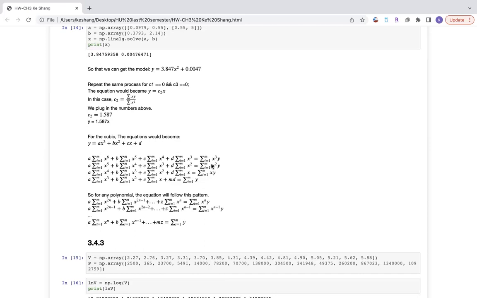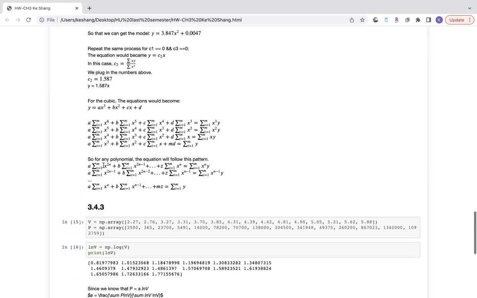So we can produce four equations to solve four unknown variables. Following this pattern, we know that for any polynomial function, we can develop the equations following the same pattern.